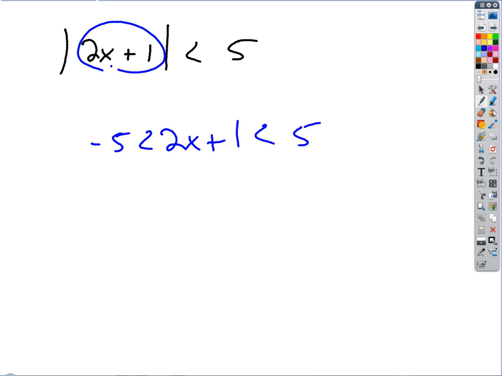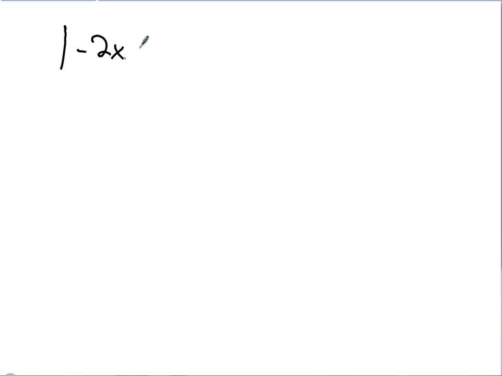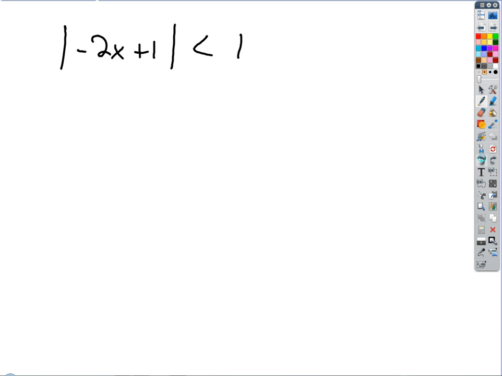Now, what about this one, though? There's one other one, and I won't make you do the whole thing, but I want you to kind of get me out of my predicament here in this one. What if I'm doing something like this? The absolute value of negative 2x plus 1 is less than 10. Okay. Now what do I do? Here, I'll tell you what, let's make it work out real nice. We'll make it a 9.